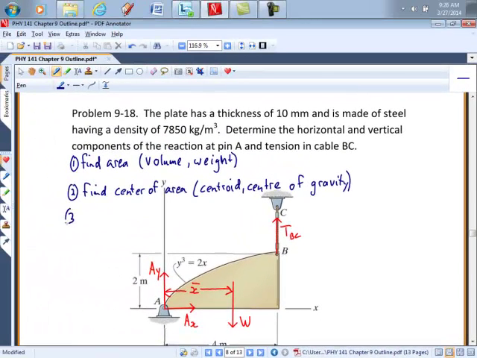Then our third step is going to be to solve the equations of equilibrium.